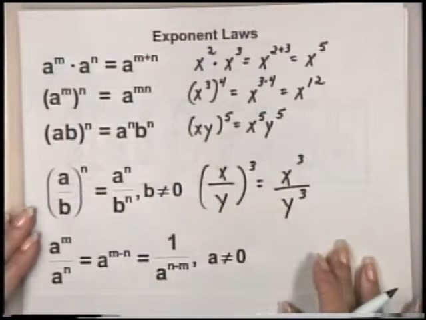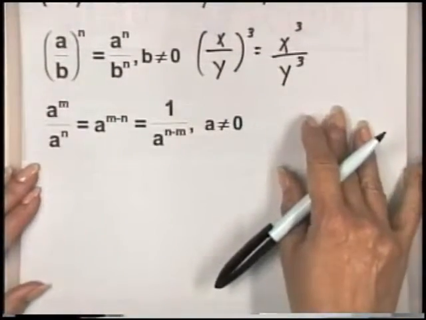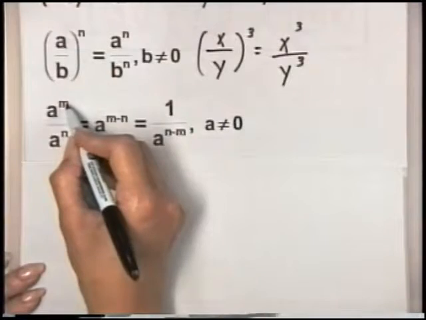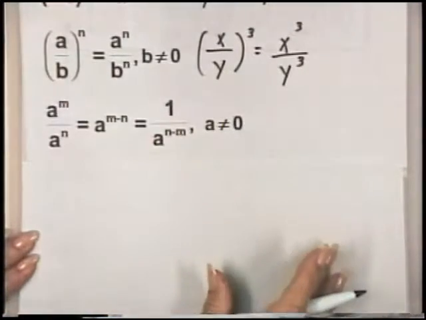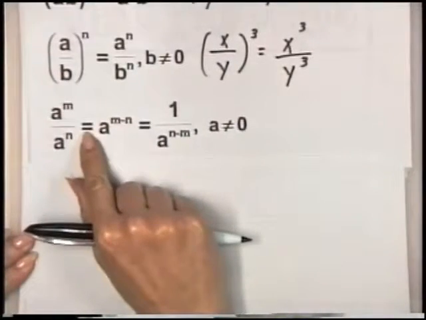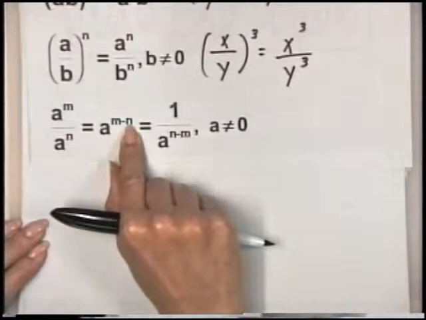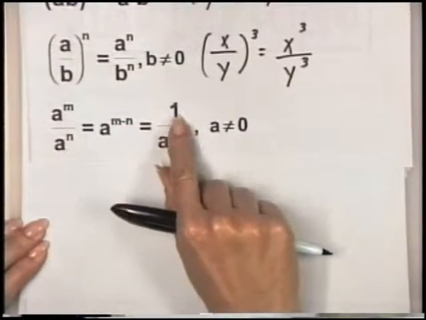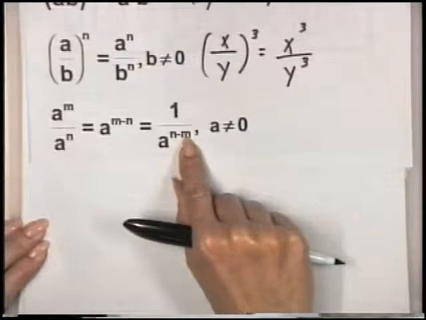Now, the last rule I want us to look at is if I have a to the m divided by a to the n, there are two different rules that I may use. One rule is that I will have a to the m subtract n, or I will have 1 over a to the n subtract m.